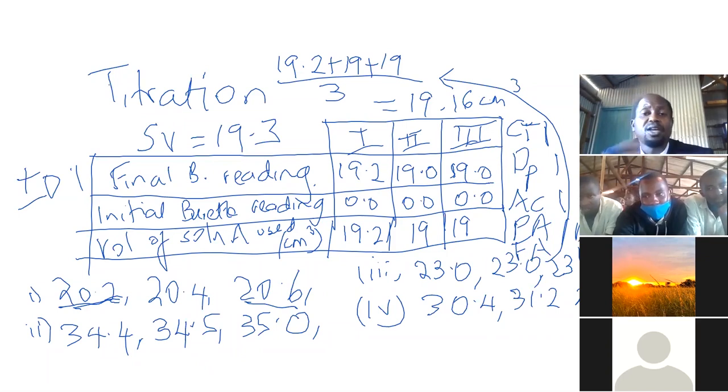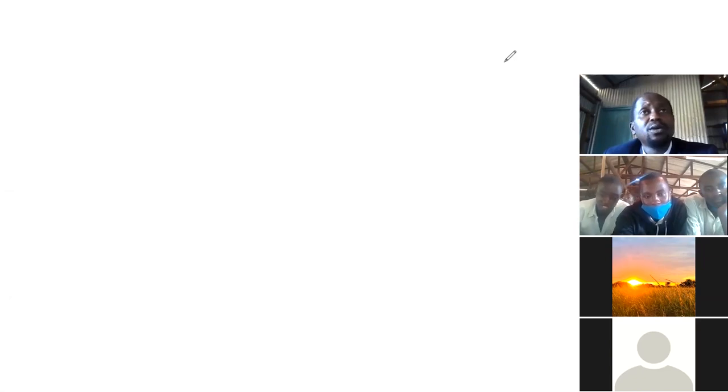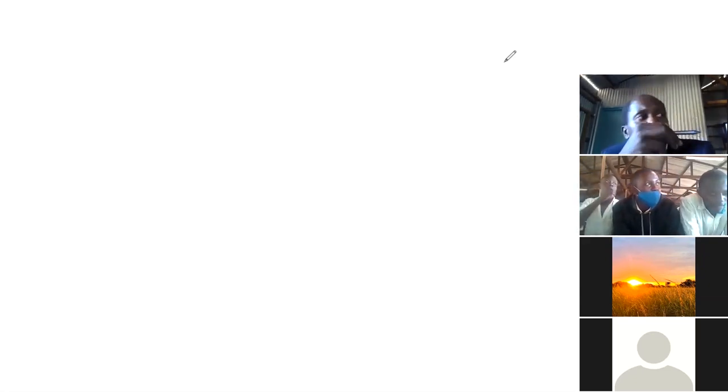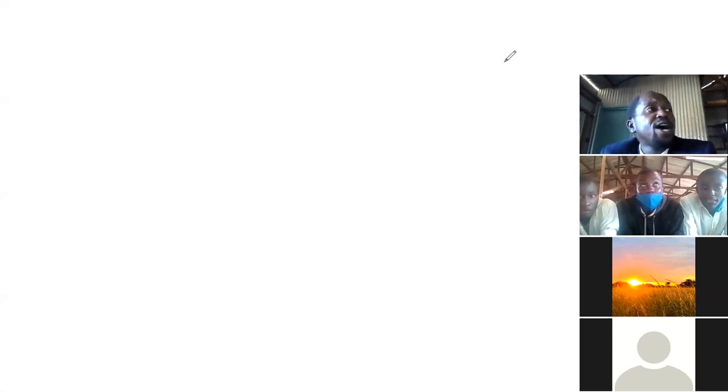Now, what follows the table? What follows the table are calculations. The calculations should be entirely based on or dependent on the value which you gave at the titration table.